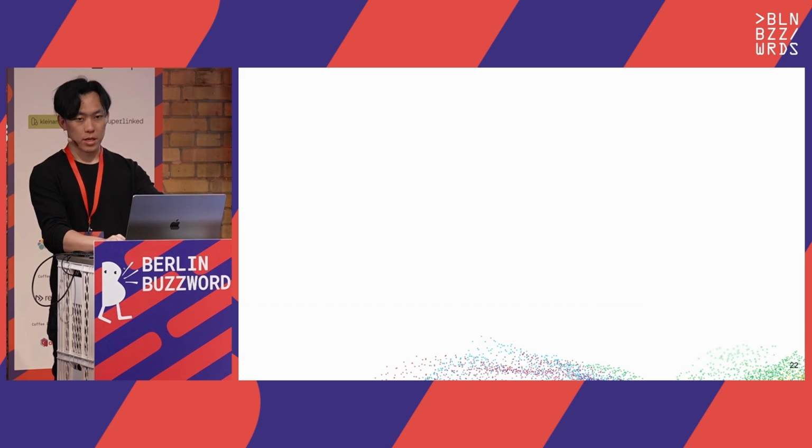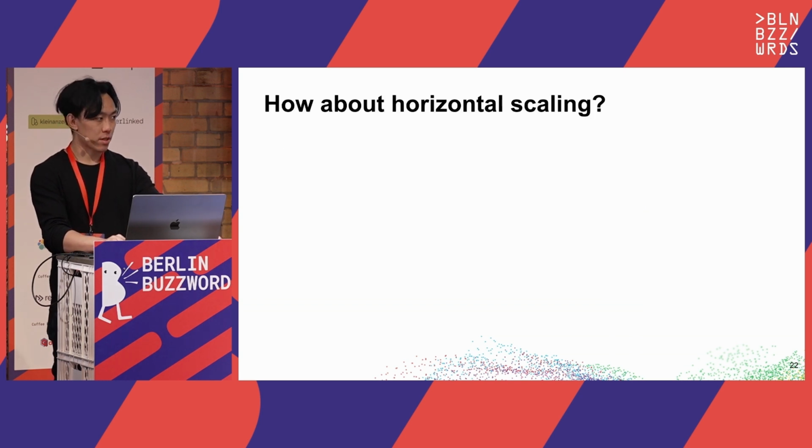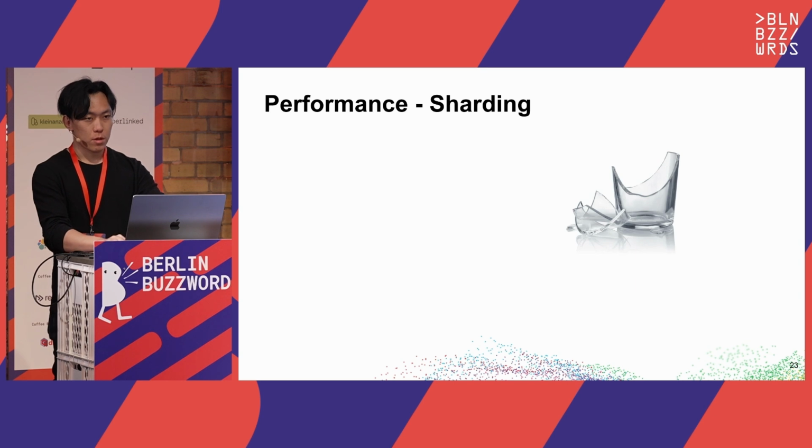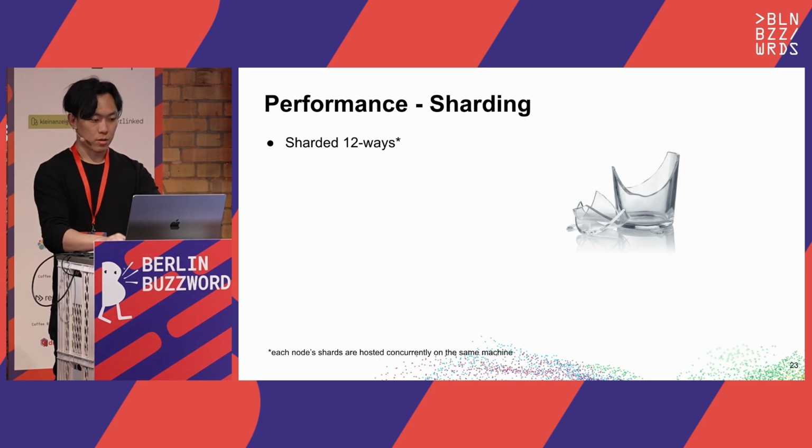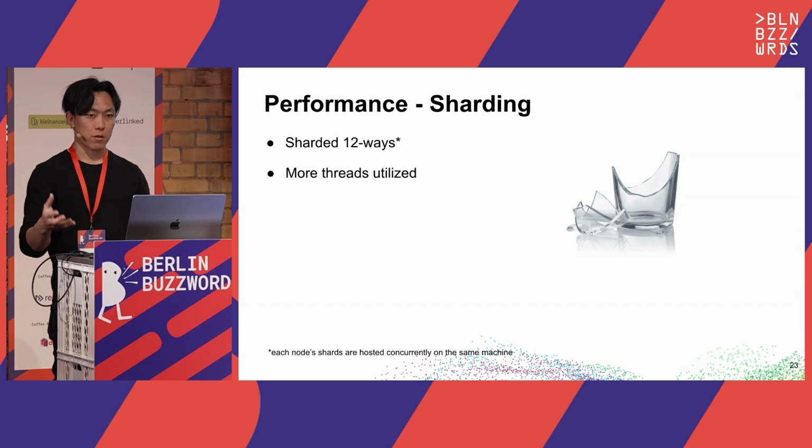So we tried vertical scaling. How about horizontal scaling, which in the case of Solr comes in the form of sharding. So we take this cloud and we shard it 12 ways. So we subdivide the collection into 12. And our theory was that this would allow us to parallelize some of the operations.